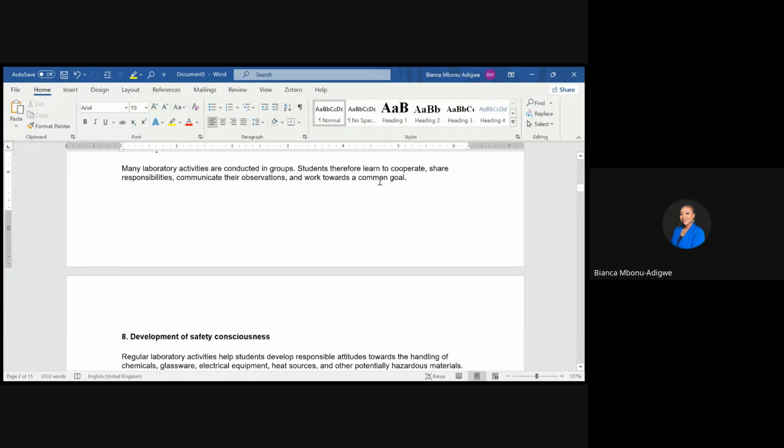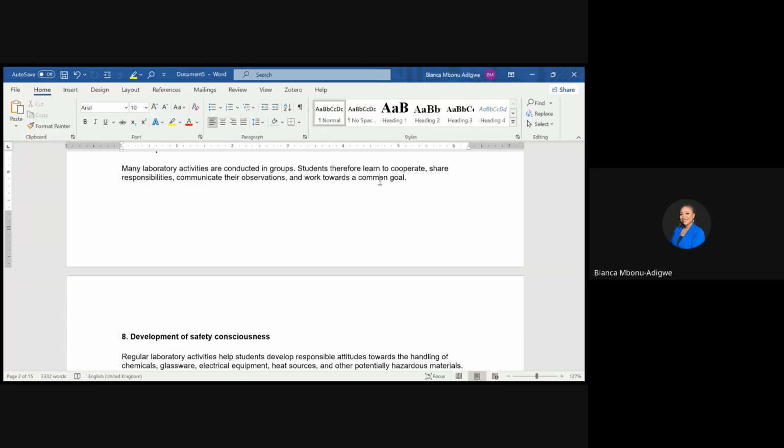In fact, if you create a group and just tell them, I want this thing done, do this and do that, those students will come together and elect the person that will even present the findings to the class without your help. They know their strengths, they know what someone can do, they learn to talk to each other, they share responsibilities, they communicate their observations, and then work towards a common goal.